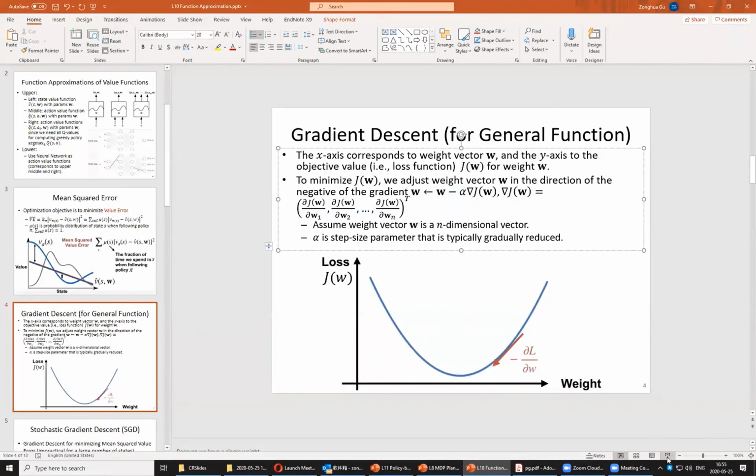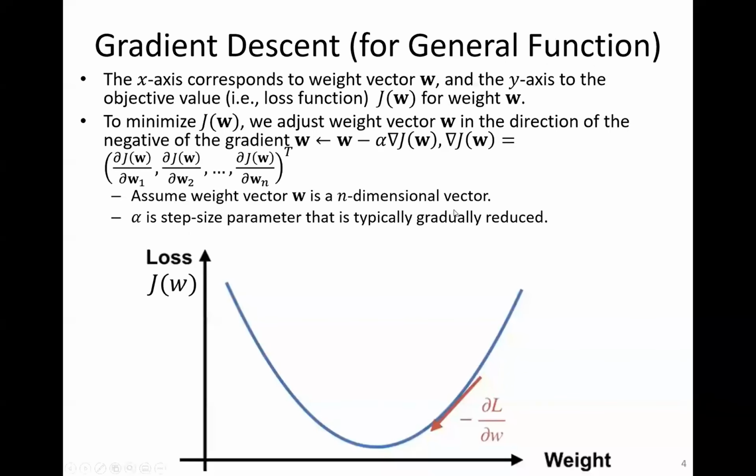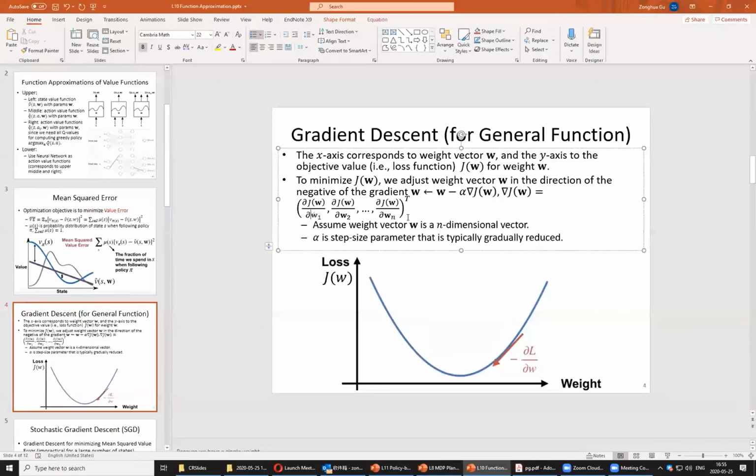And every time you follow the gradient, the gradient symbol here represents a vector of partial J over partial w1, partial J over partial w2. Okay, so the w1, w2 are not vectors.